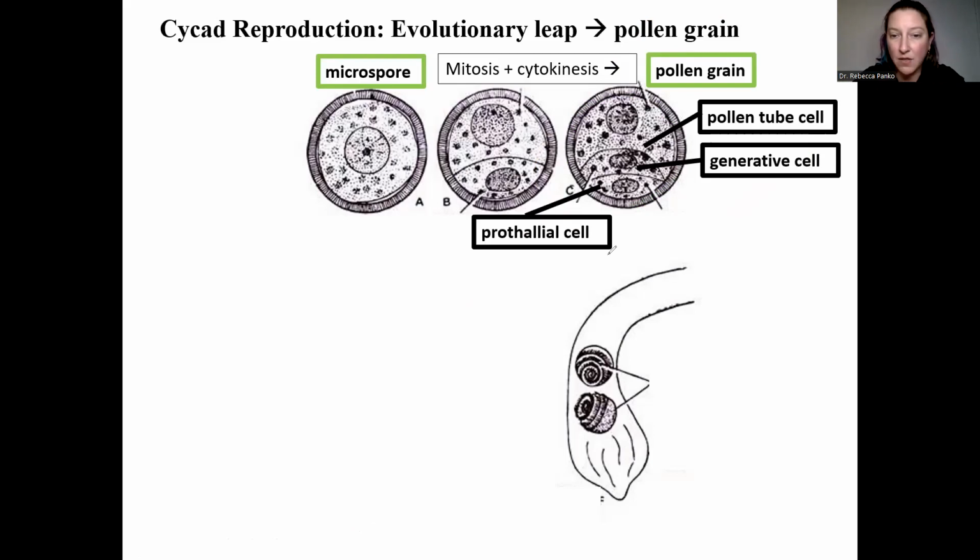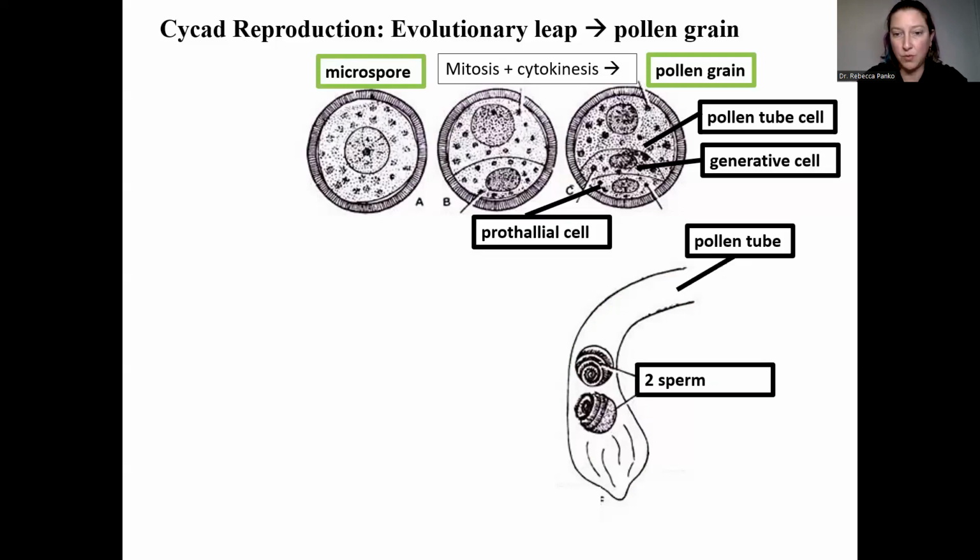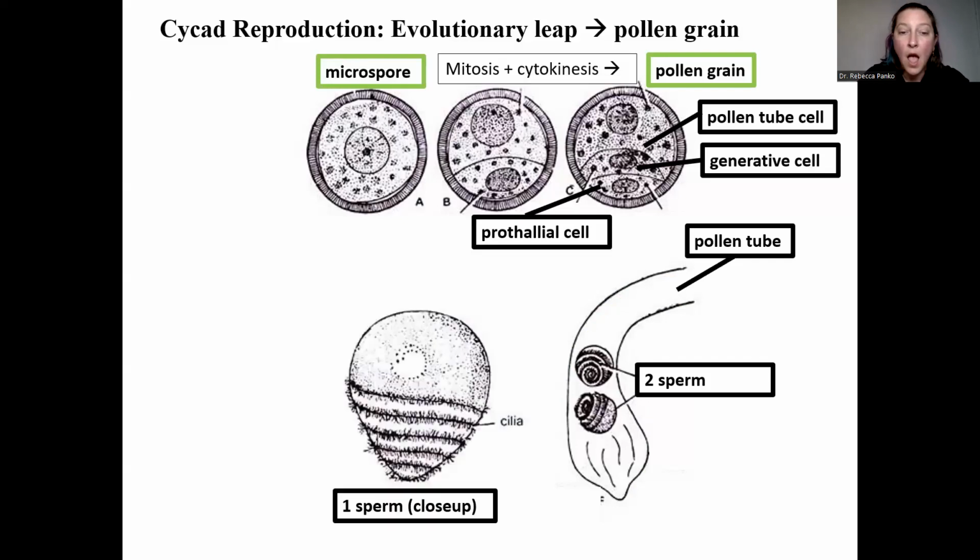And so that's what you see here at the bottom. This is the pollen tube cell that's growing. So this is extending down, growing down to meet the ovule and bringing the 2 swimming sperm with it that swim down the pollen tube, right? So there you go, pollen tube and the 2 sperm that swim.